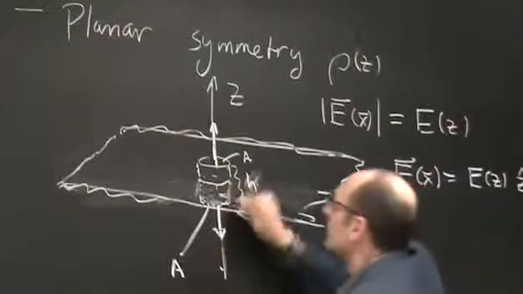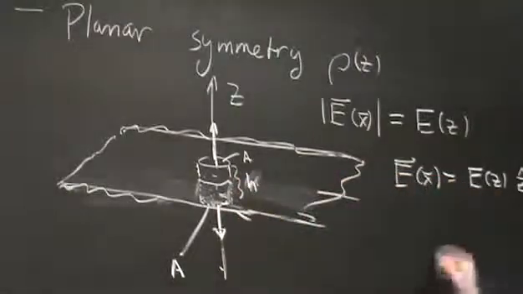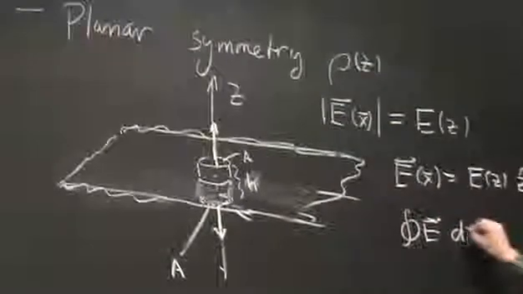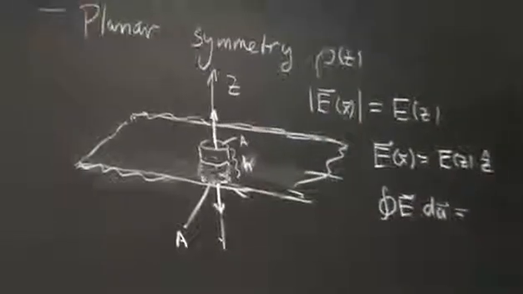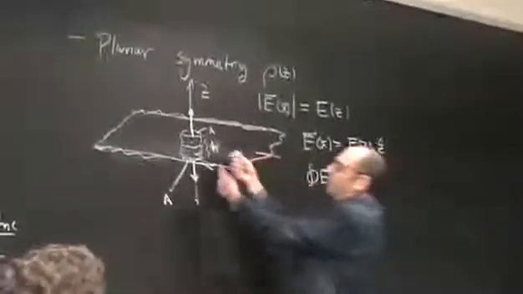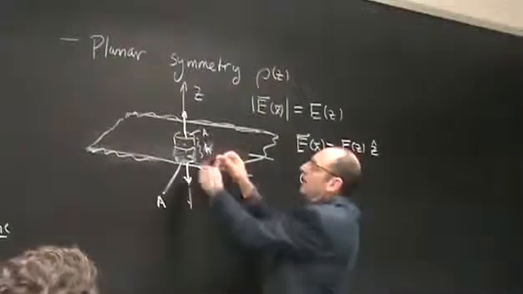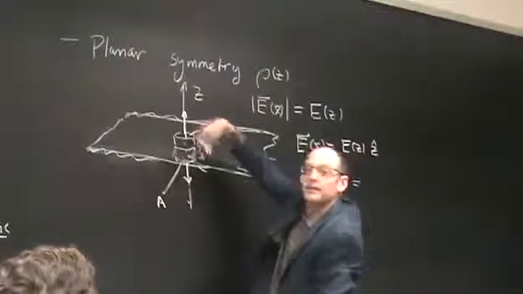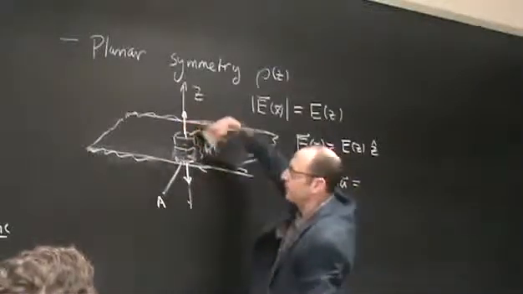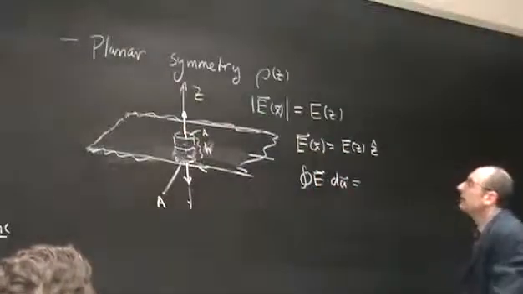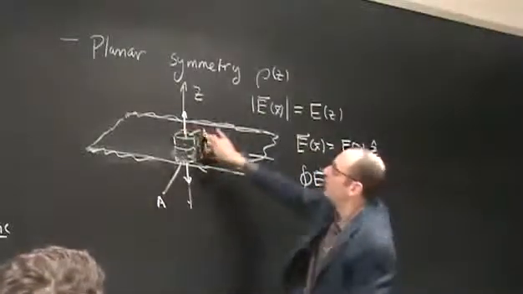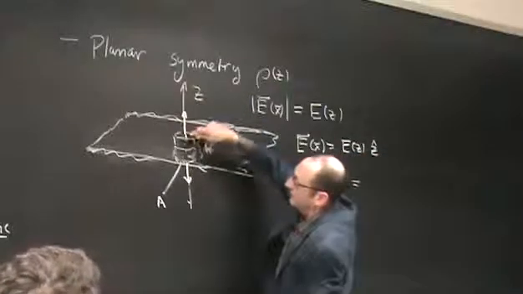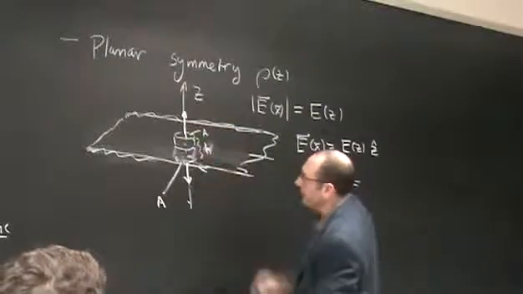So, in this case, the flux integral: the electric field points in the z direction, and thus there's only a contribution from the end caps. There's no contribution from the azimuthal part of the pillbox. And it's independent of where I am in x and y. Because of this symmetry, it's the same on both the top and bottom of the pillbox.